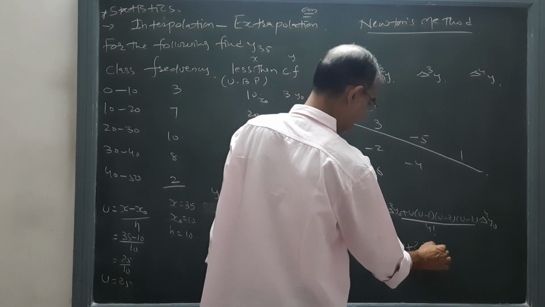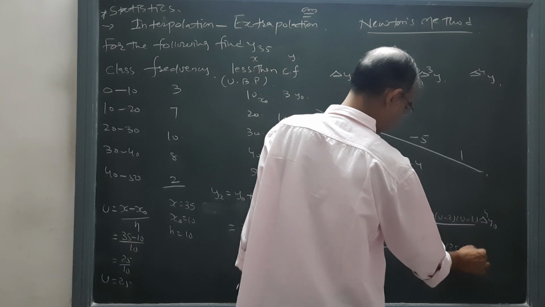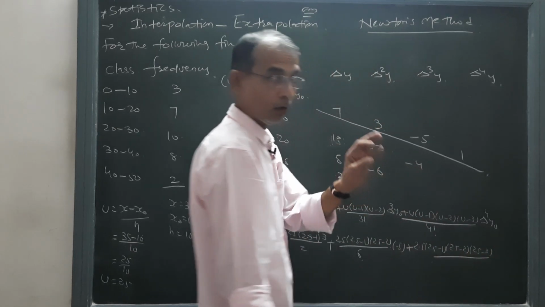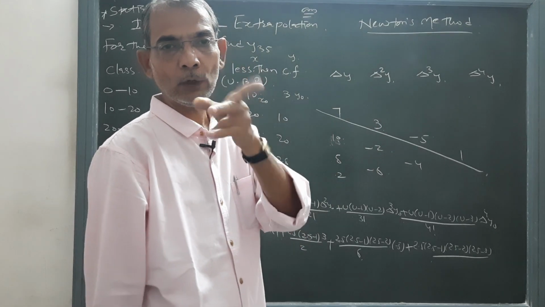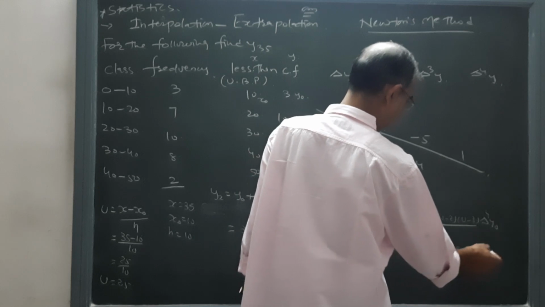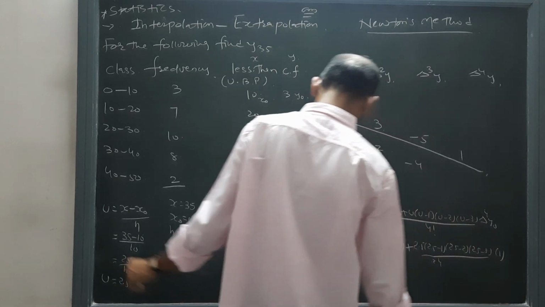Then 2.5, 2.5 minus 1, 2.5 minus 2, and 2.5 minus 3, divided by 4 factorial, which means 4 3s are 12, 12 2s are 24, 24 1s are 24, and delta raised to 4 y0 is equal to 1.